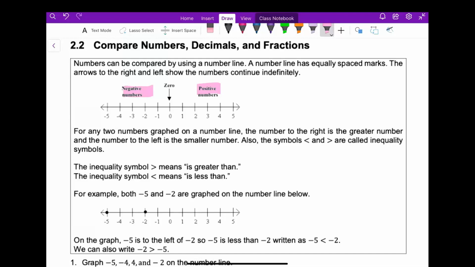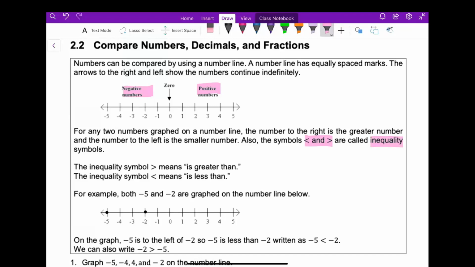For any two numbers graphed on a number line, the number to the right is greater than the number to the left. Also, the symbols less than and greater than are called inequality symbols. So together, these two are called inequality symbols.